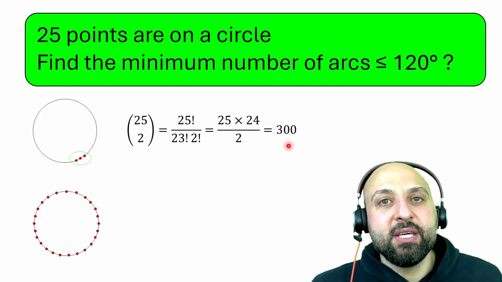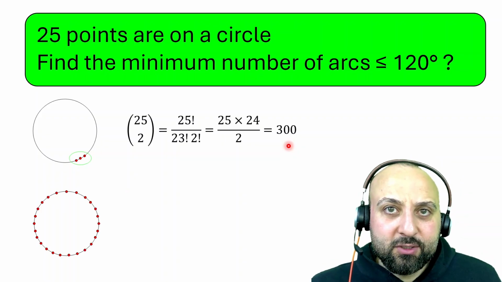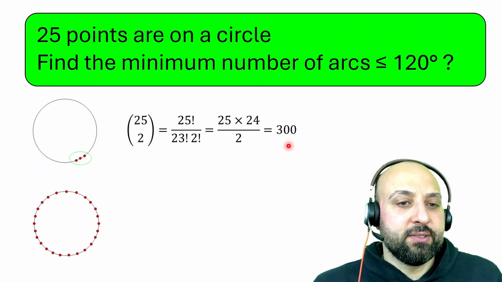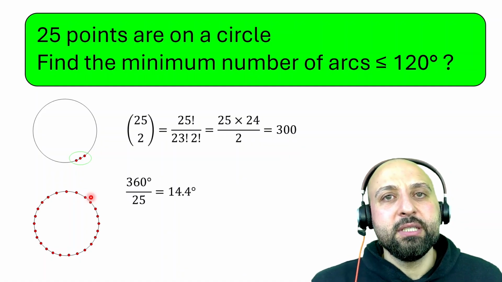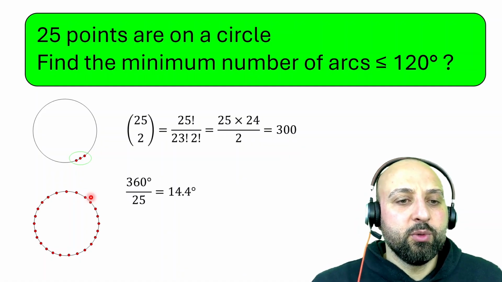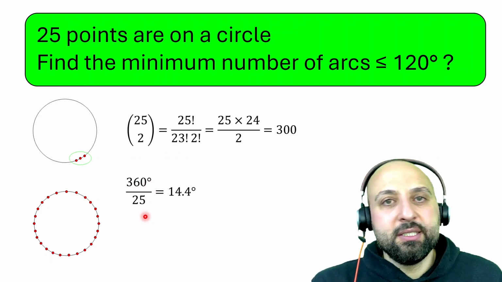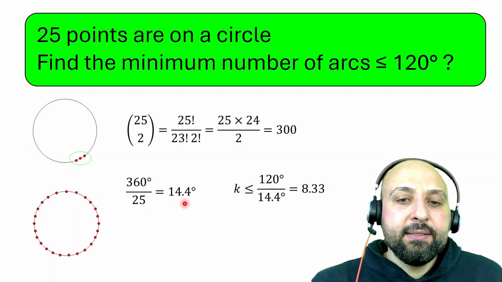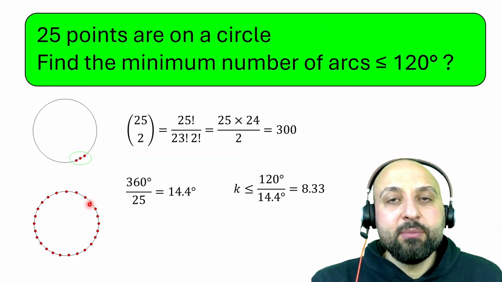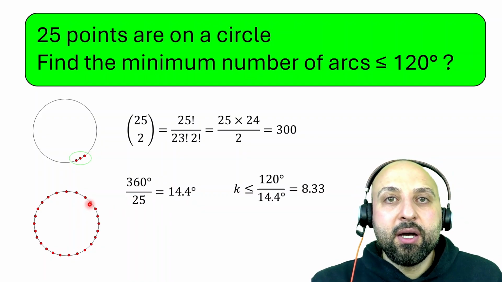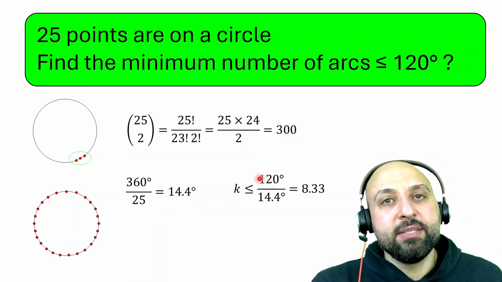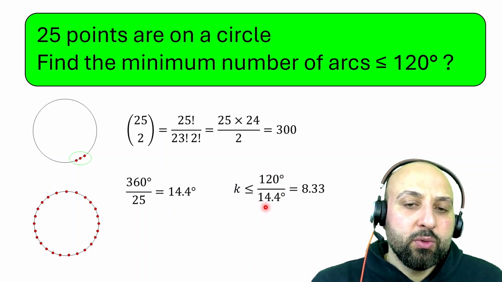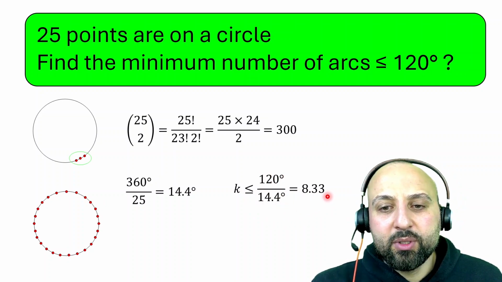Another case: maybe we can uniformly distribute all these 25 points on the circle. Obviously, the arc between each two consecutive points will be 360 degrees divided by 25, which is 14.4 degrees. Because each arc should be less than 120 degrees, if I divide 120 by 14.4, this gives us 8.33.